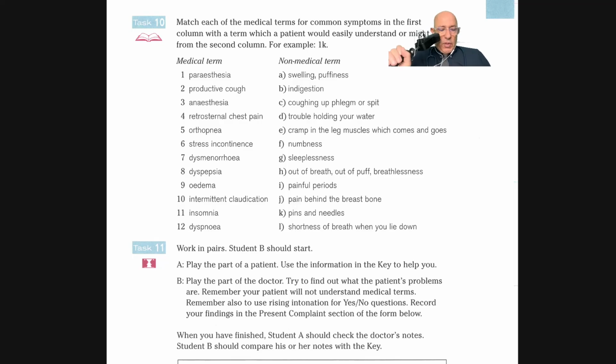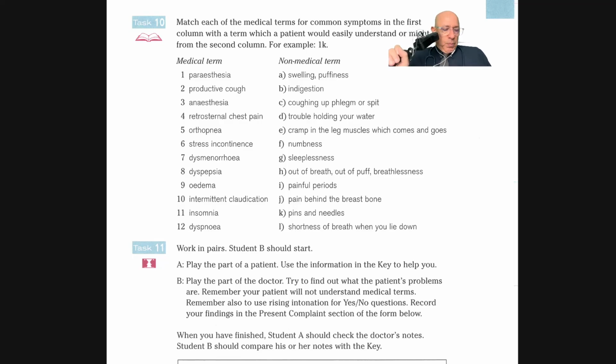3, anesthesia. And one definition of anesthesia would be numbness. 4, retrosternal chest pain. The best answer would be pain behind the breastbone. In the language of the patient, sternum, breastbone.